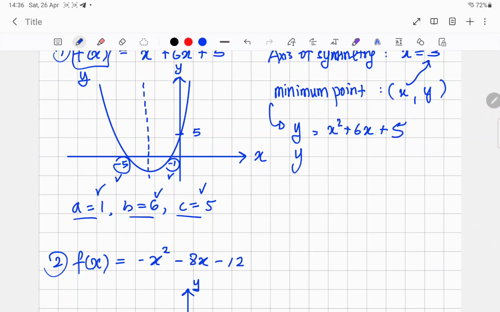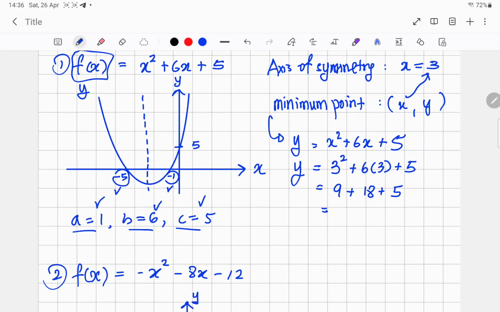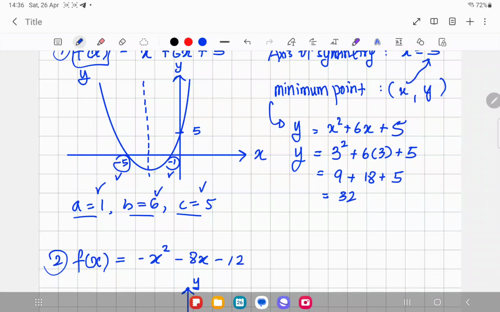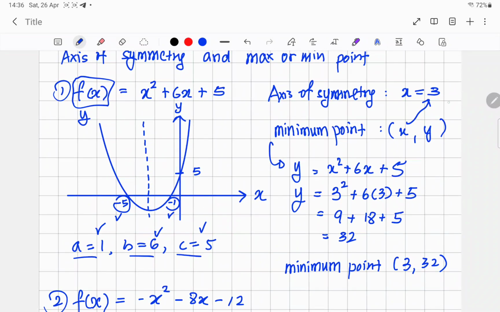Substitute x equals negative 3: y equals negative 3 squared plus 6 times negative 3 plus 5. When you calculate, you get 9 minus 18 plus 5, which equals negative 4. So the minimum point is (negative 3, negative 4). So this is the axis of symmetry and also the minimum point.